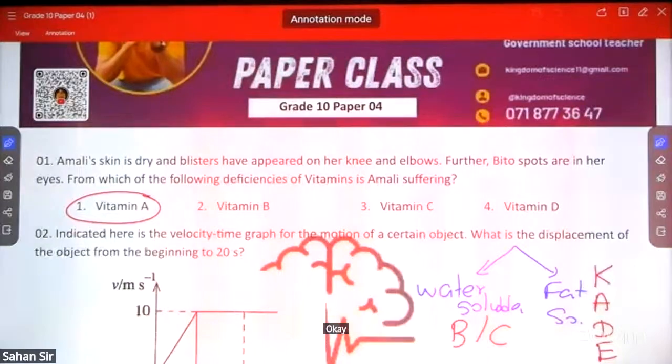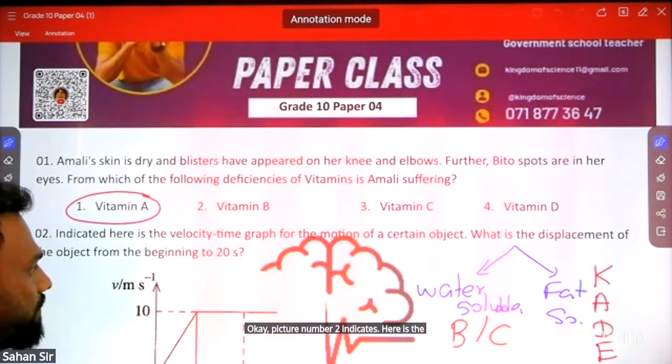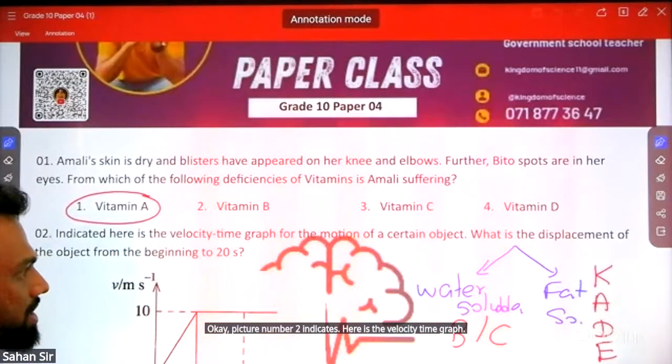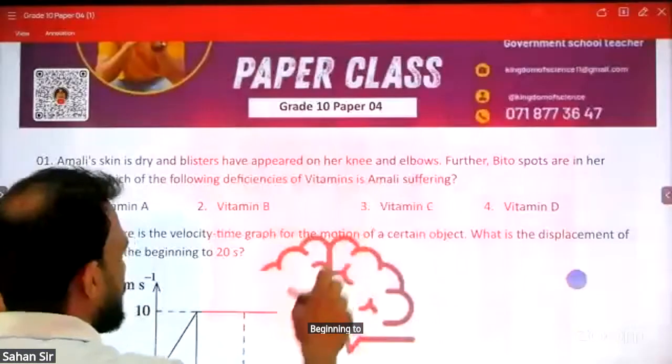Okay. Question number 2: here is the velocity time graph for the motion of a certain object. What is the displacement of the object from beginning to 20 seconds?